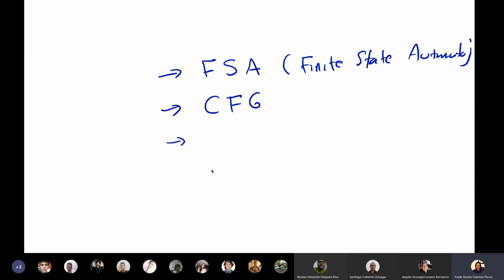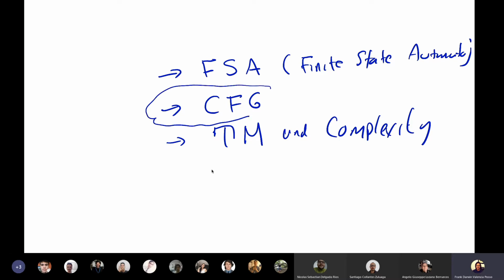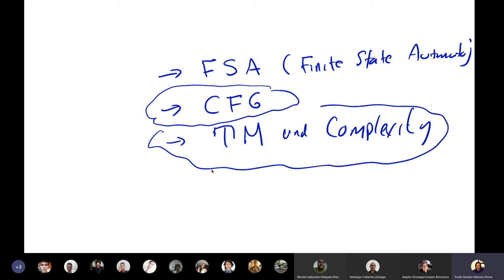Y el otro es máquinas de Turing o Turing machines, and complexity. Entonces, en general, este tema estadísticamente es el más fácil, en el sentido que en el parcial les va mejor. El más complicado es Turing Machines and Complexity.